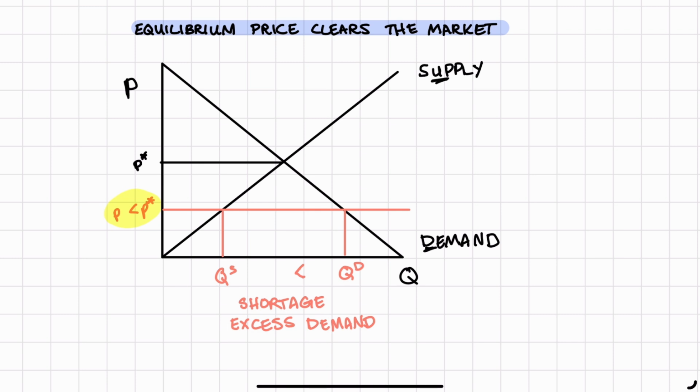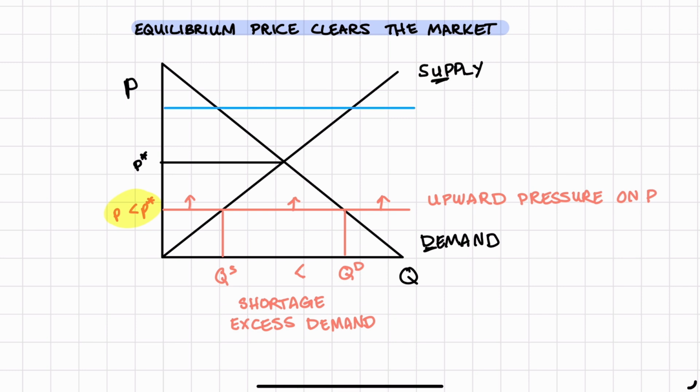And when the good is selling out immediately, that's a signal to the suppliers that maybe they could raise prices. So whenever there's excess demand, there is upward pressure on P.